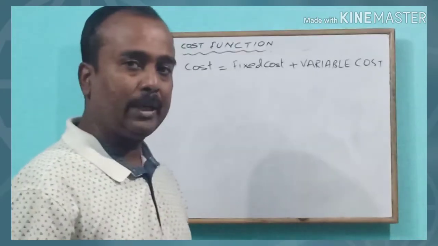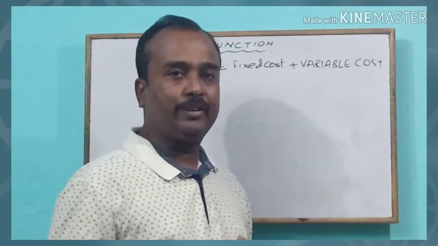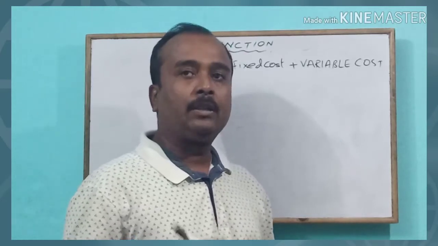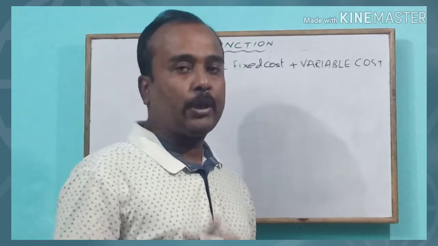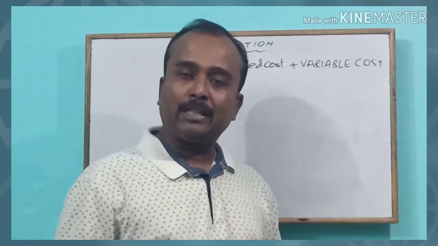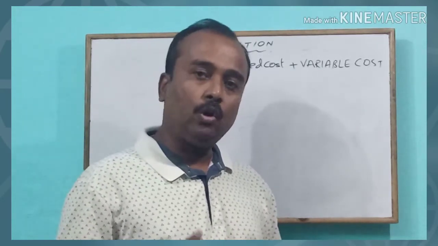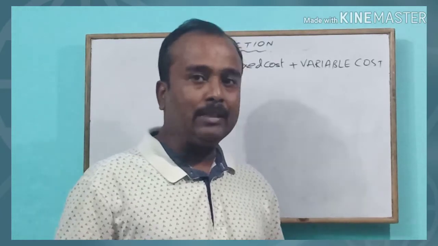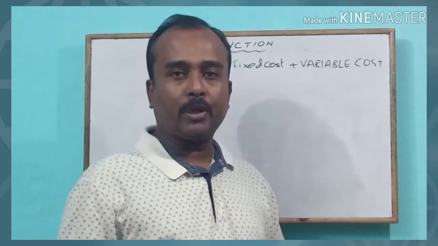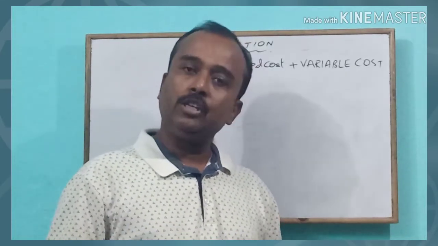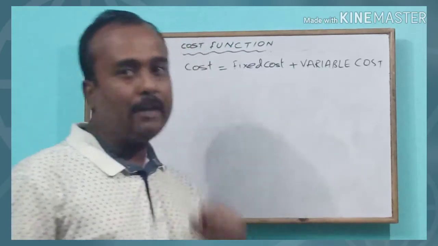In a company, certain costs are always fixed, like the electricity, the sanitary, and the security. Those are all fixed, which we have to always incur even if there is no production. So those costs are fixed, whether the production is on a large scale or a small scale.